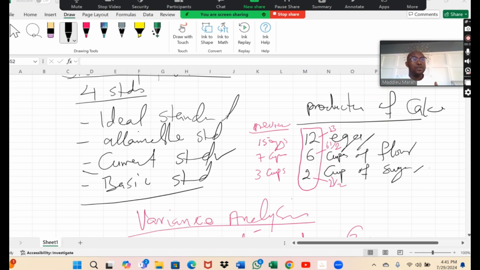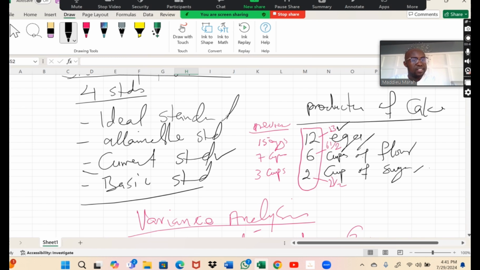Now, what if we provided 13 eggs instead of 12? Instead of 6 cups, we provided 6.5. Instead of 2, we provided 2.5. So what has happened? We've created some room for allowances and wastage, even though it's not as much as the current, but we created some.